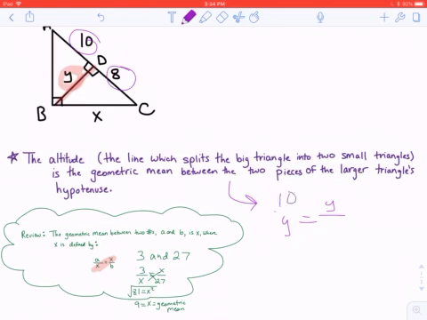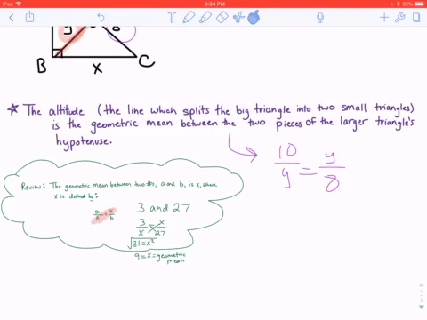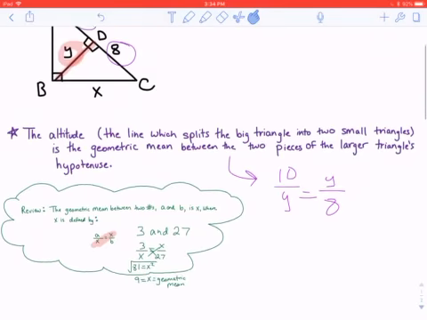So 10 and 8 are our two numbers, and y becomes that x value. You can see how this is similar to that a and b proportion we set up over here. Here 10 and 8 are like our a and b from the geometric mean question, and y is the solution, or that x.